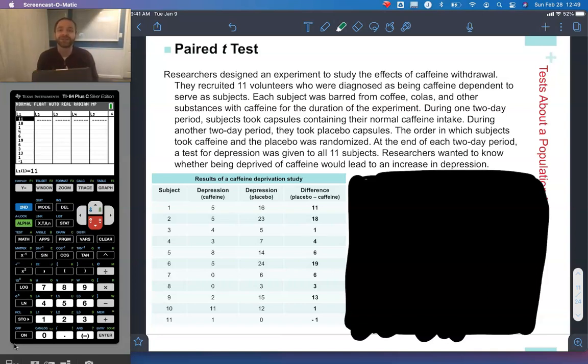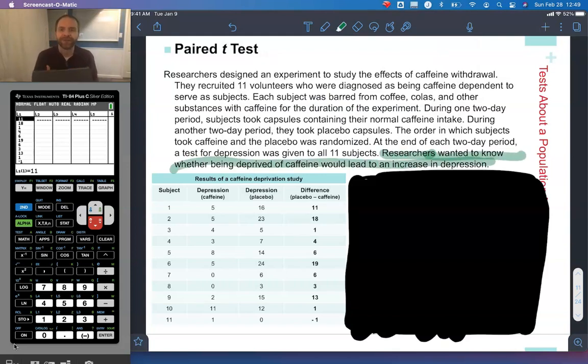At the end of each 2-day period, a test for depression was given to all 11 subjects, and that data you see in the table down below. Researchers wanted to know whether being deprived of caffeine would lead to an increase in depression. So that phrase right here, they wanted to know whether it would lead to an increase in depression.